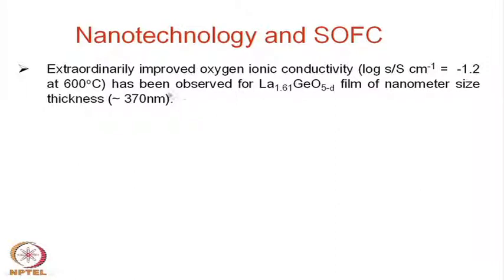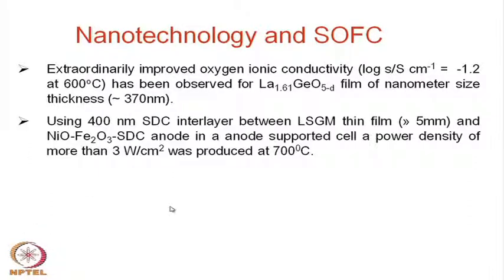Since the thickness is smaller, about 370 nanometers, one can get a much enhanced conductivity. So, that is one advantage you get if you take just the concept of nanometers.